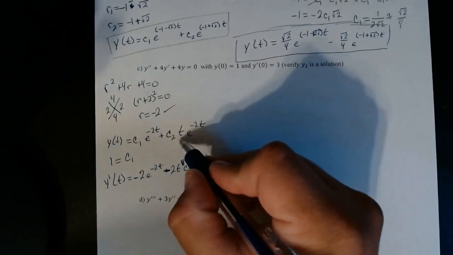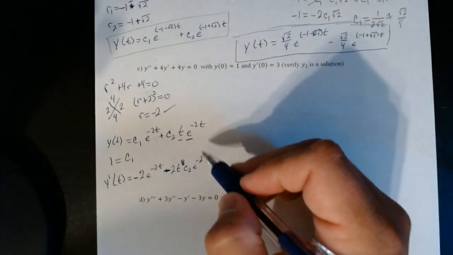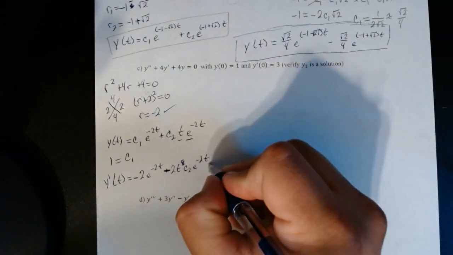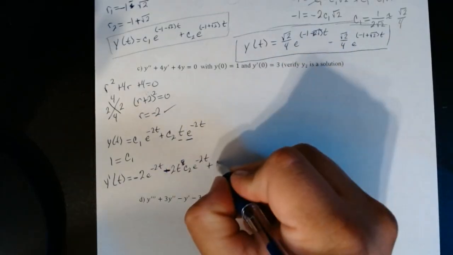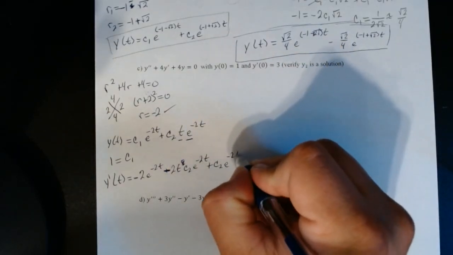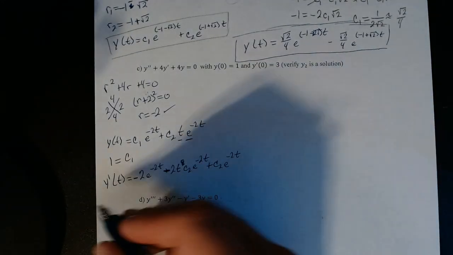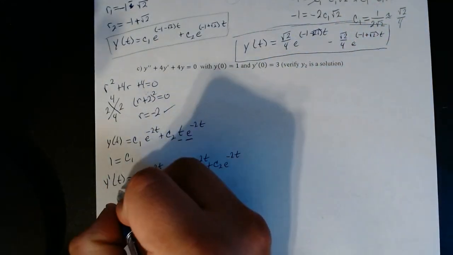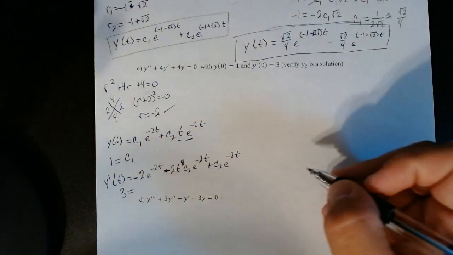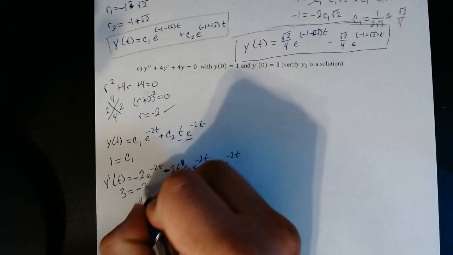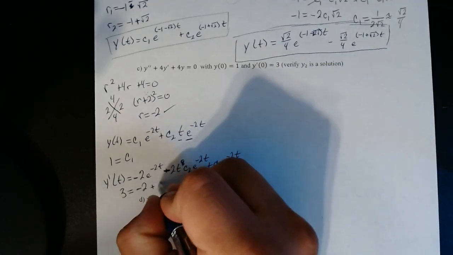And, oh, that's right. This is product rule. All right, so let's see. That's what we got here. So that's the derivative. So plus just that. Okay. And now we get, again, 0. And this whole thing equals 3, though. So plug in 0. That goes away. Plug in 0. Get negative 2. And we get that.